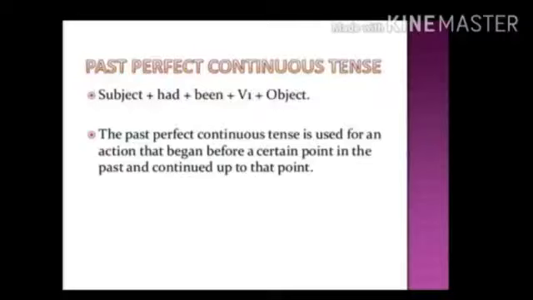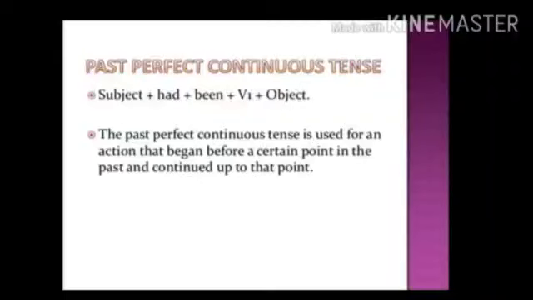That is its structure. So just now I have said the example, I had been playing. I is the subject, had as it is, been, play V1 plus ing, playing V4. Playing cricket or hockey or snooker or chess or whatever it is, here that is the object.